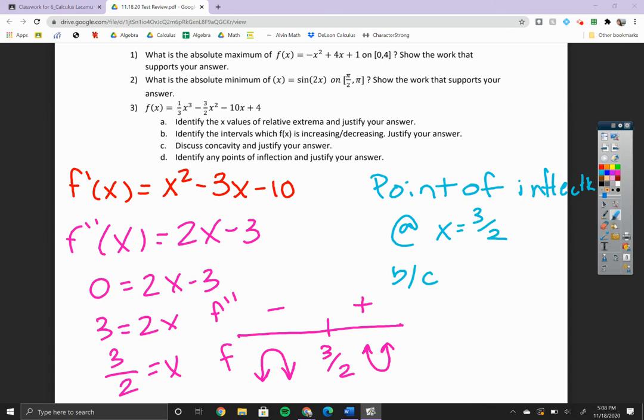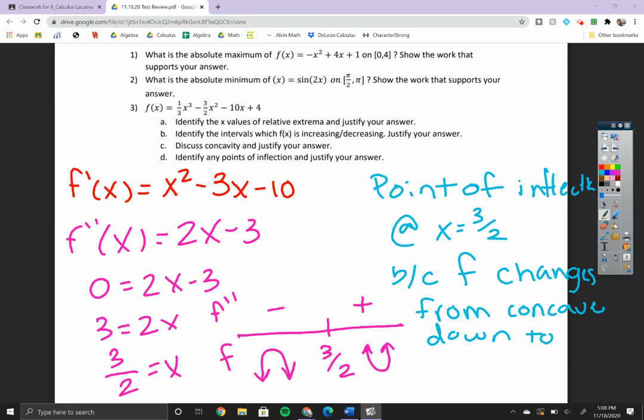So make sure you specify what you're talking about. f changes from concave down to concave up.